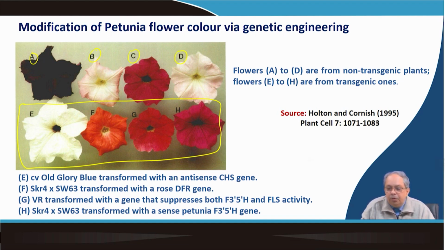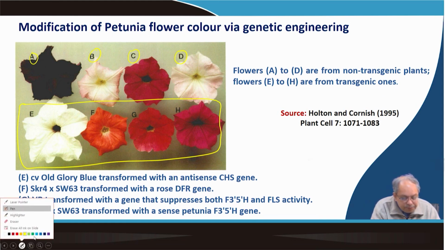So, modification of petunia color by genetic engineering was also reported long back in the famous journal Plant Cell. Here, in case of E, we can see one by one. So, this one.